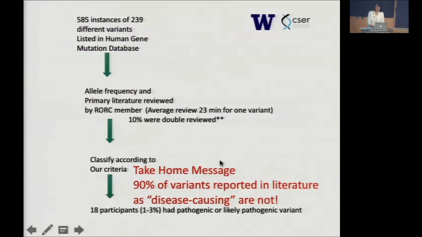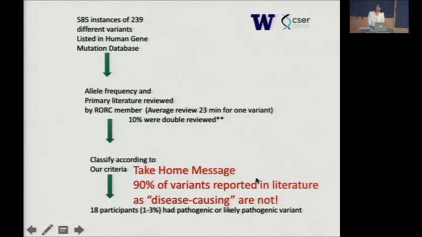So basically, after very carefully vetting these variants and going to the primary literature, then it was found that 1 to 3% of participants had pathogenic or likely pathogenic medically actionable incidental variants. And also importantly, out of this work, it became evident that 90% of the variants that are reported as disease-causing in the medical literature are not.